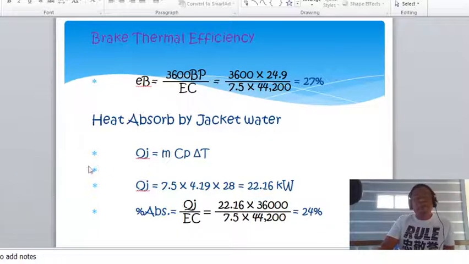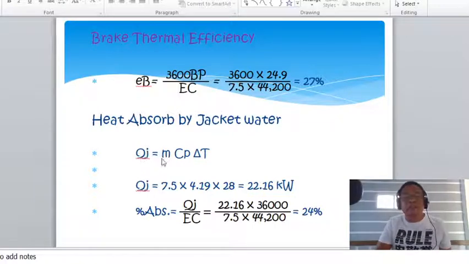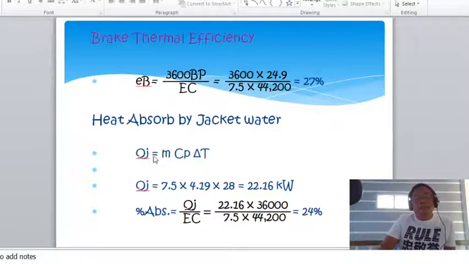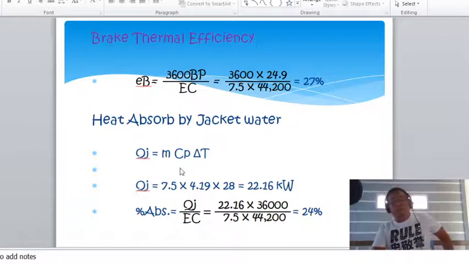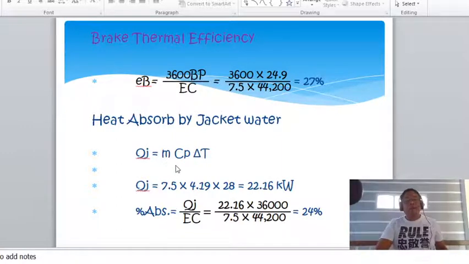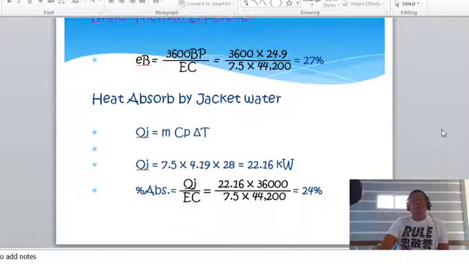That is QJ over energy chargeable: 22.16 multiplied by 3,600, so this is not 36,000, this is just 3,600, divided by 7.5 multiplied by 44,200, multiplied by 100%. Therefore, the heat absorbed by the jacket water is equivalent to 24% of the energy chargeable to the engine.